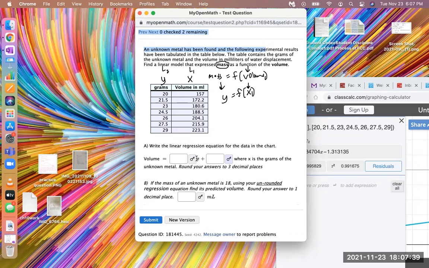I think that they actually may have done this incorrectly, and I think they did the grams as the independent and the volume as dependent, possibly.